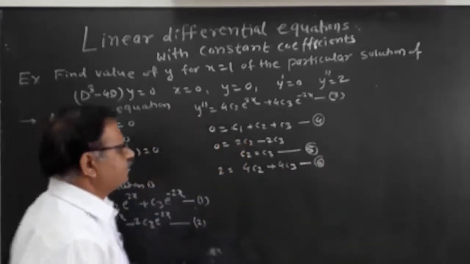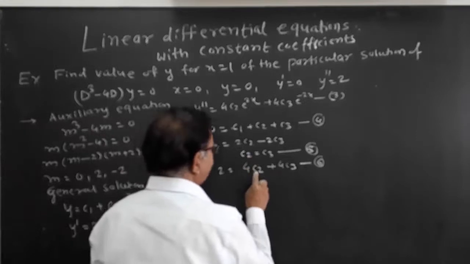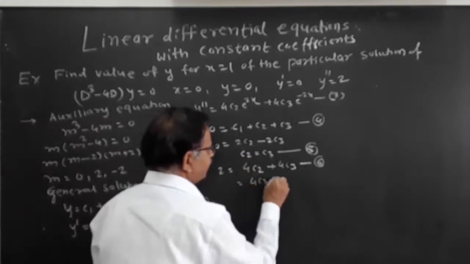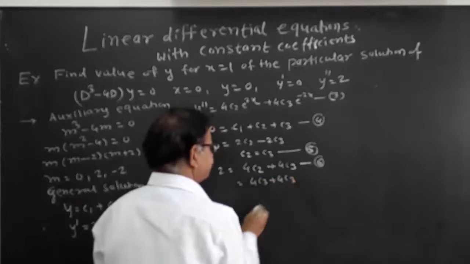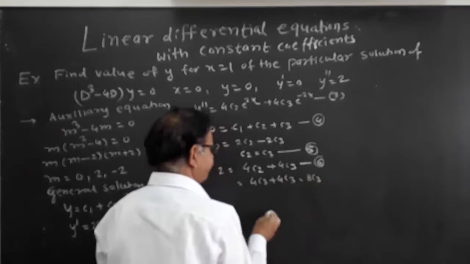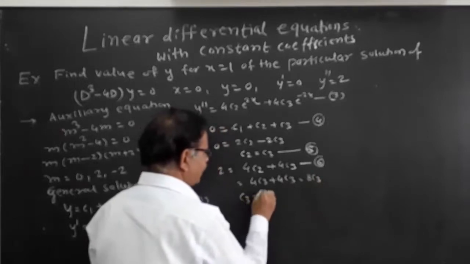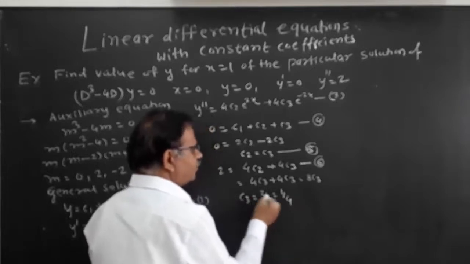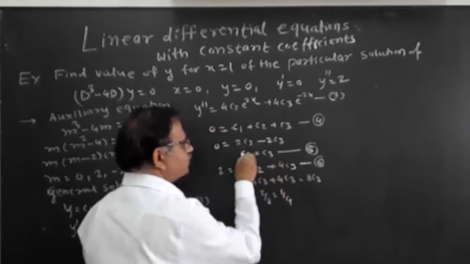Now, C2 equal to C3. Therefore, if I put C3 here, I will get 4C3 plus 4C3 equal to 2, which is nothing but 8C3. Therefore, C3 equal to 2 by 8 equal to 1 by 4, and C3 equal to C2.